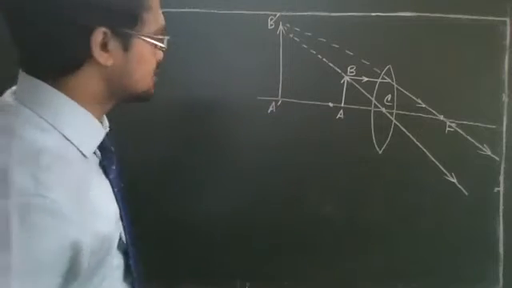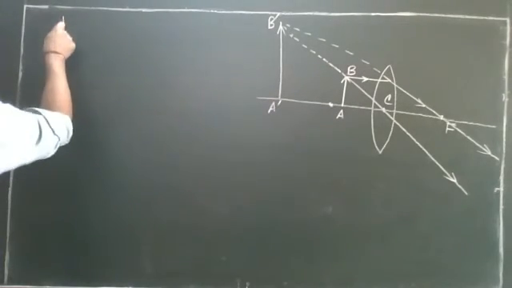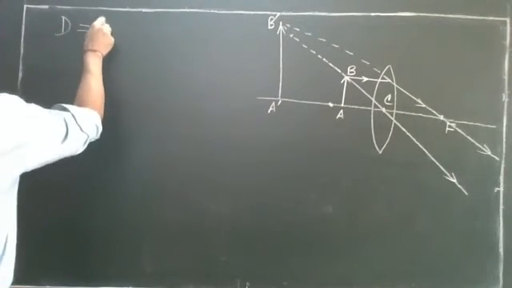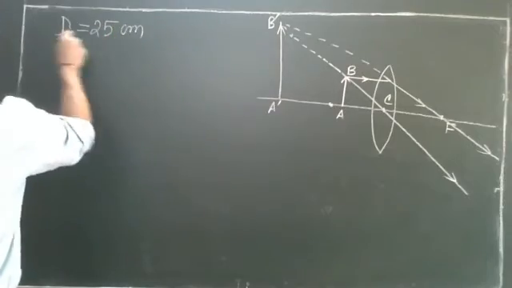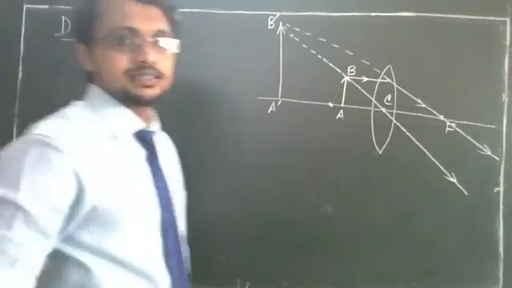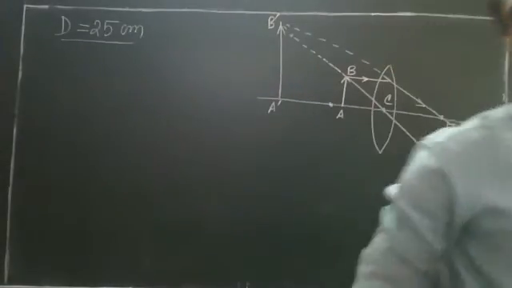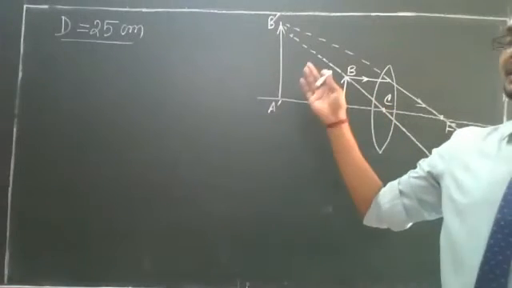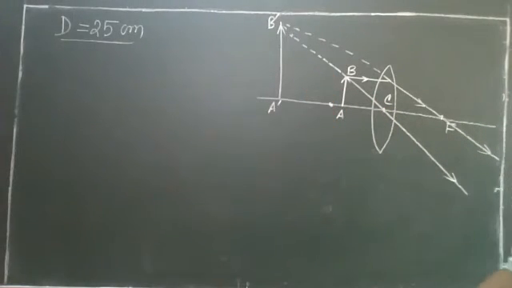What is the minimum distance of human eye vision? That is 25 centimeter. If the distance is less than 25 centimeter, our eye cannot see that image or that object clearly.